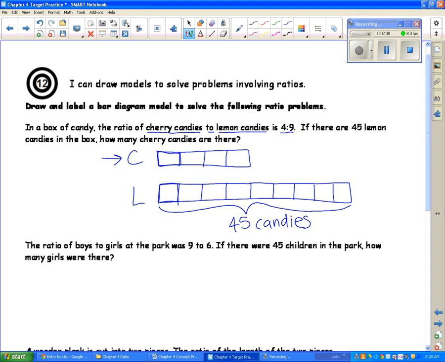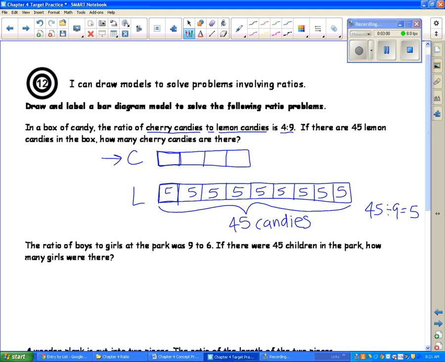Well, if I have 9 units of lemon candy and 45 candies, then I can figure out how many candies are in each unit by doing 45 divided by 9. So my answer is 5. That means each of these units represents 5 candies.